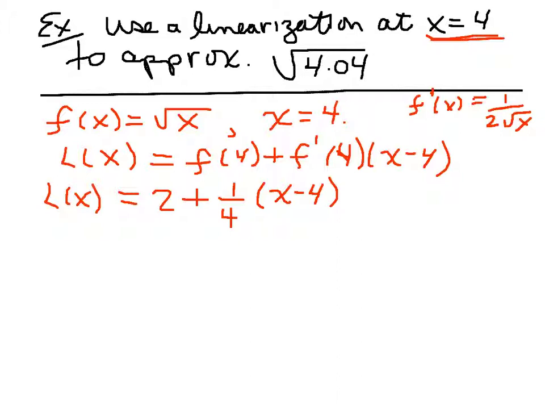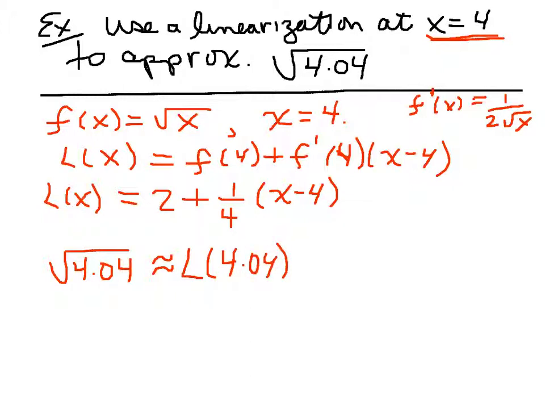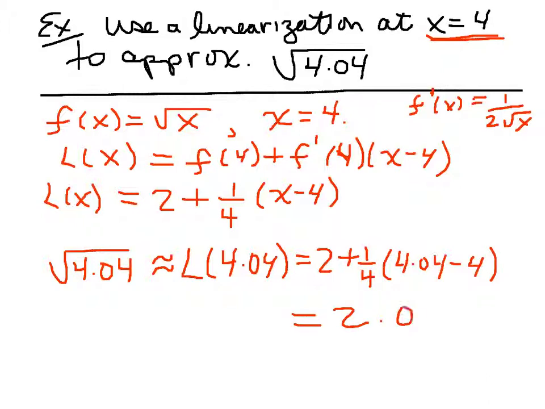And so we're looking to approximate the square root of 4.04, and it'll be approximated by L(4.04), which will be 2 plus 1/4 times (4.04 minus 4), which is equal, finally, to 2.01. So that'll be our approximation to the square root of 4.04 by using the tangent line.